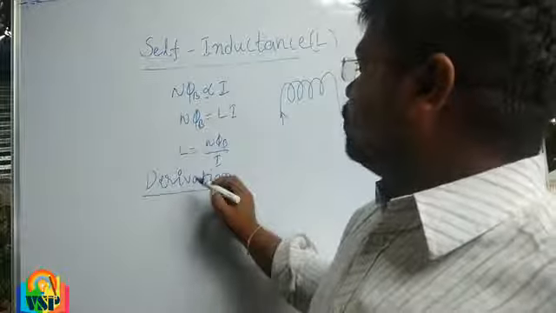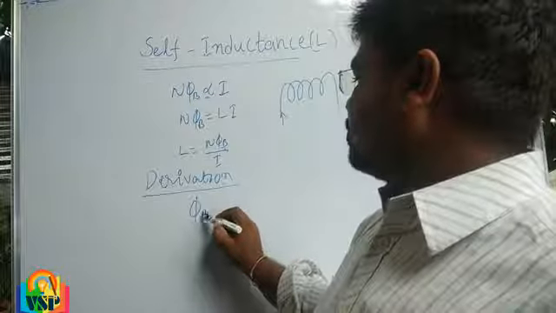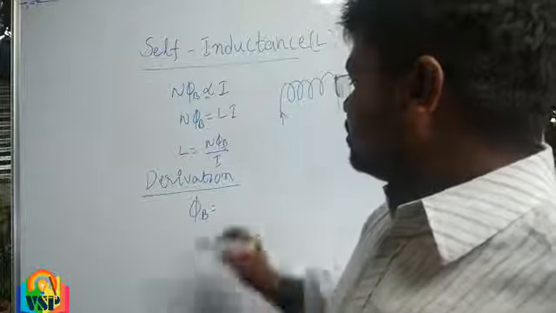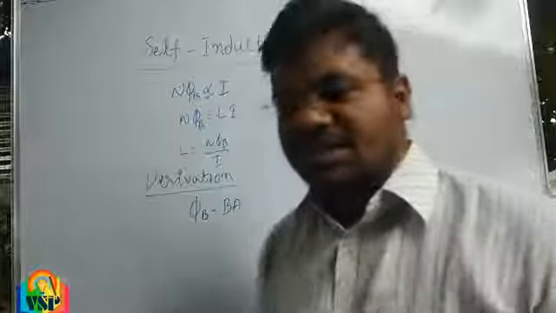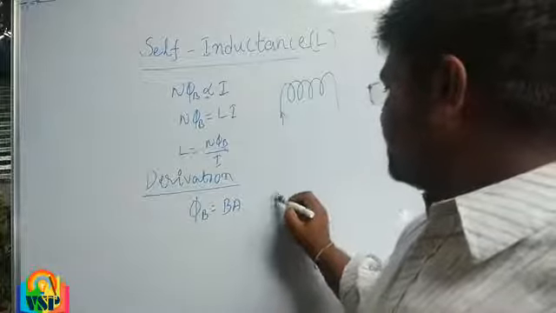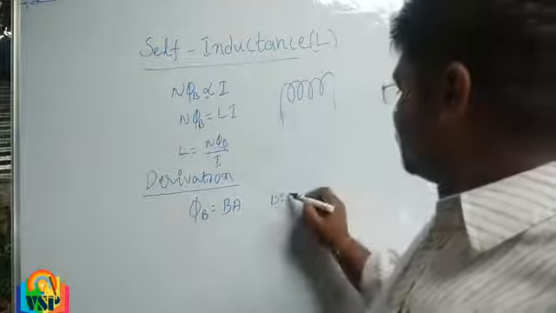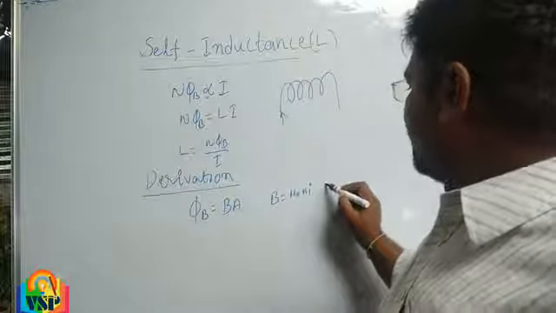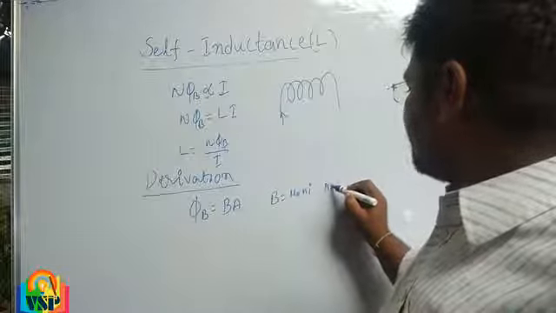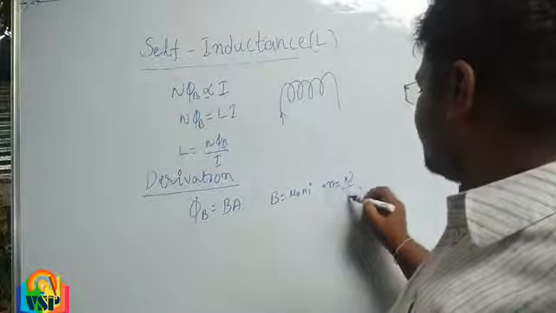We know that flux phi is equal to BA. What is B? The magnetic field of a solenoid is equal to mu naught n I, where small n is the number of turns per unit length.